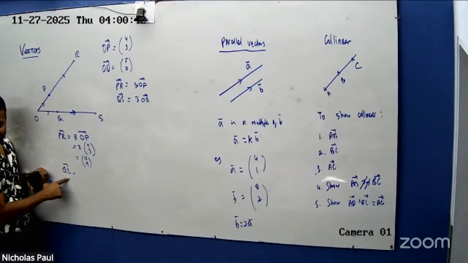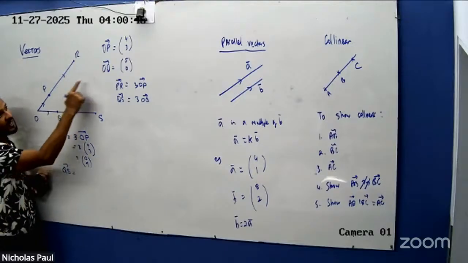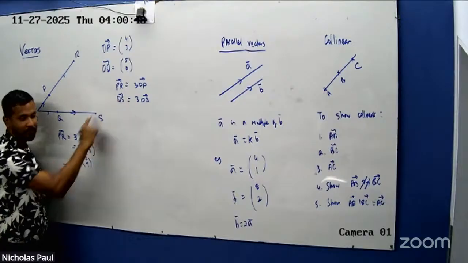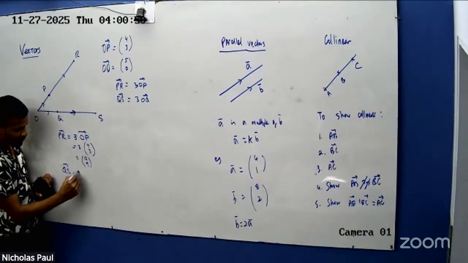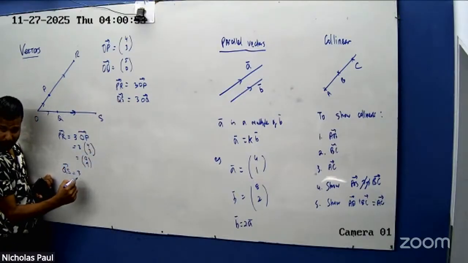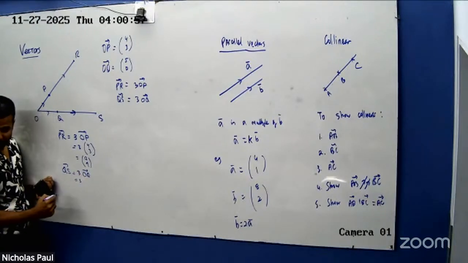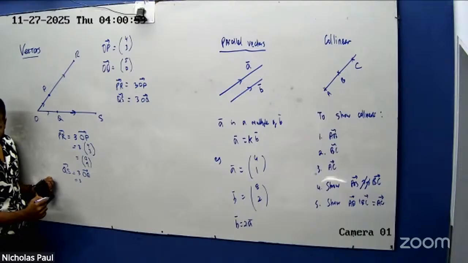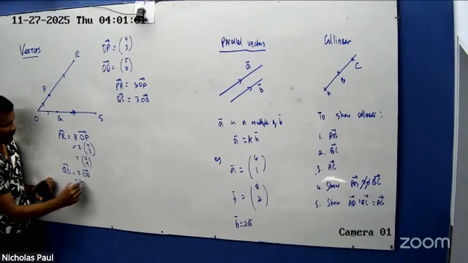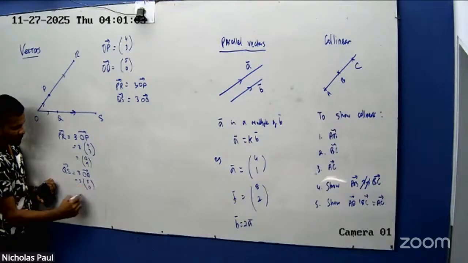So what you can do is search here and see where you see QS. And QS is what? 3 what? And try and search and see what's OQ. OQ is what? 5 and a 0. So tell me what is QS?